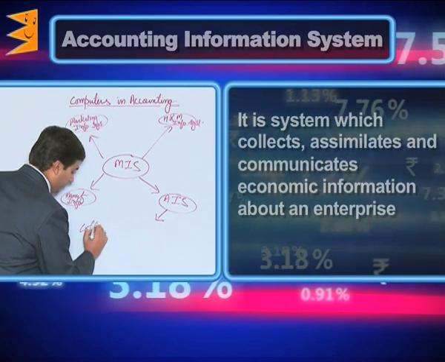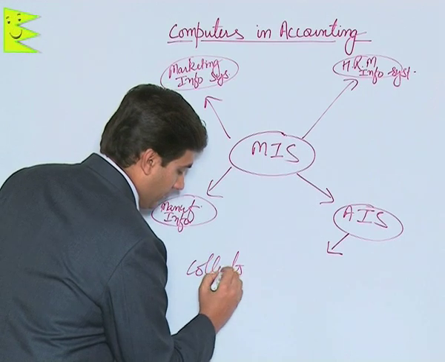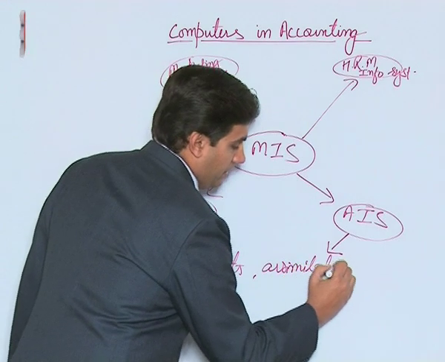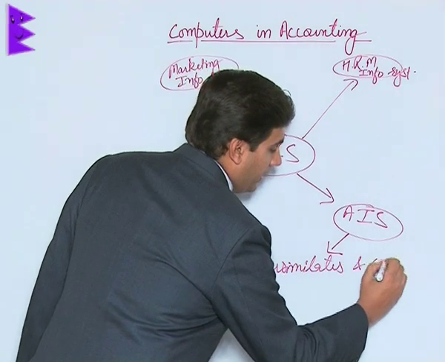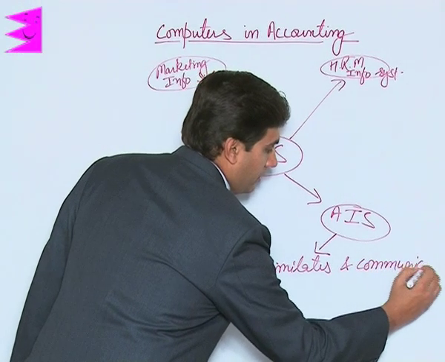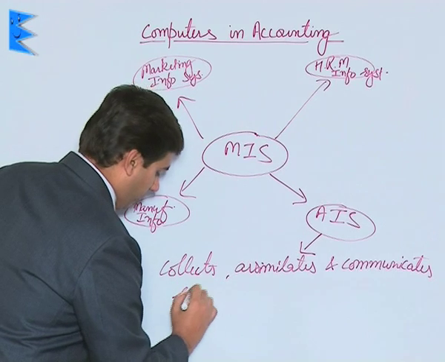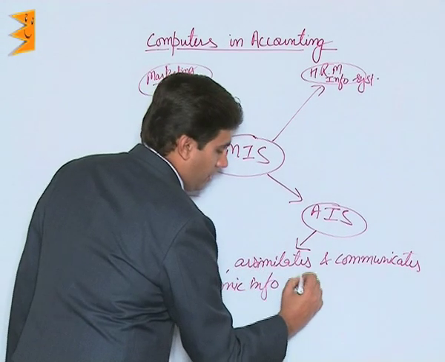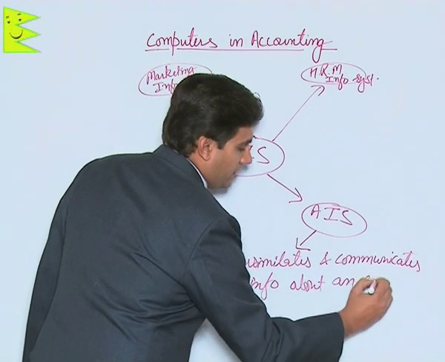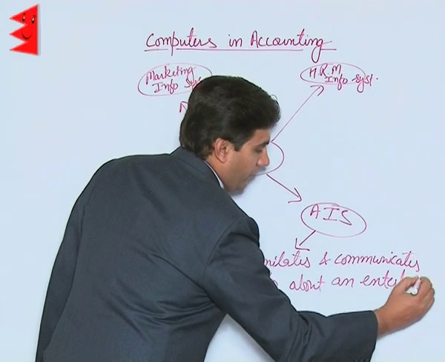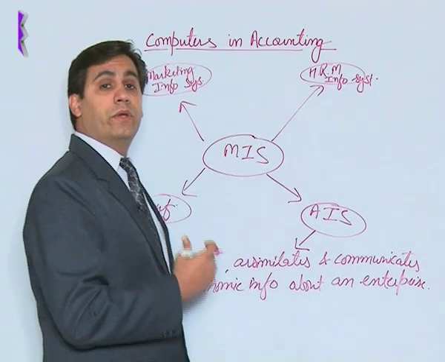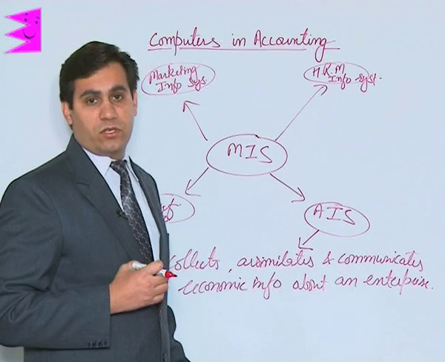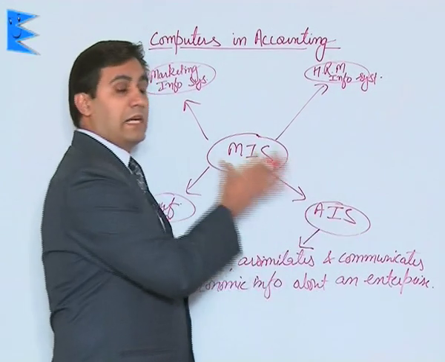So it collects, assimilates and communicates economic information about an enterprise, and communicates it to its internal and external users, which helps them in making certain strategic decisions. So students, let us understand about AIS in detail.